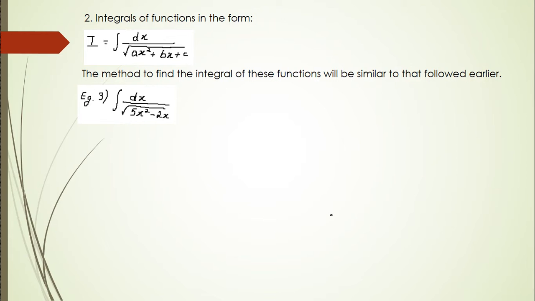So let us solve the next sum using the same method as we did earlier. Here again we have to make the coefficient of x square as 1. Here the coefficient of x square is 5. So we use the same method as we did earlier.